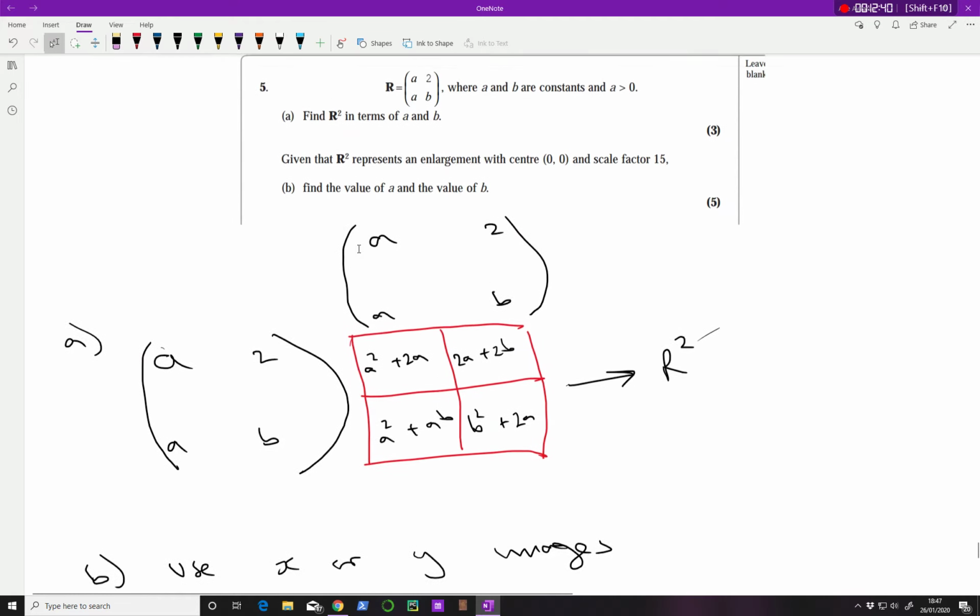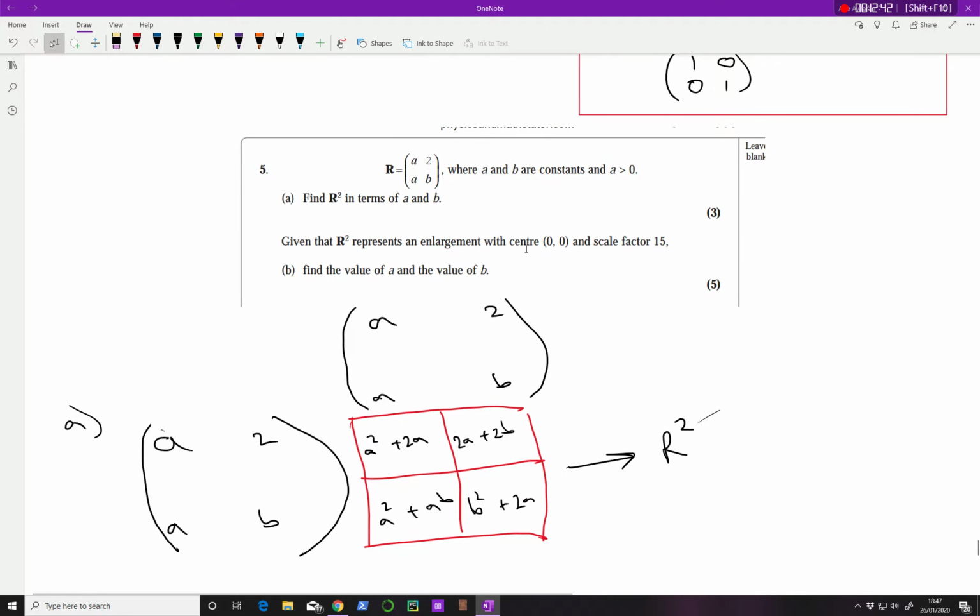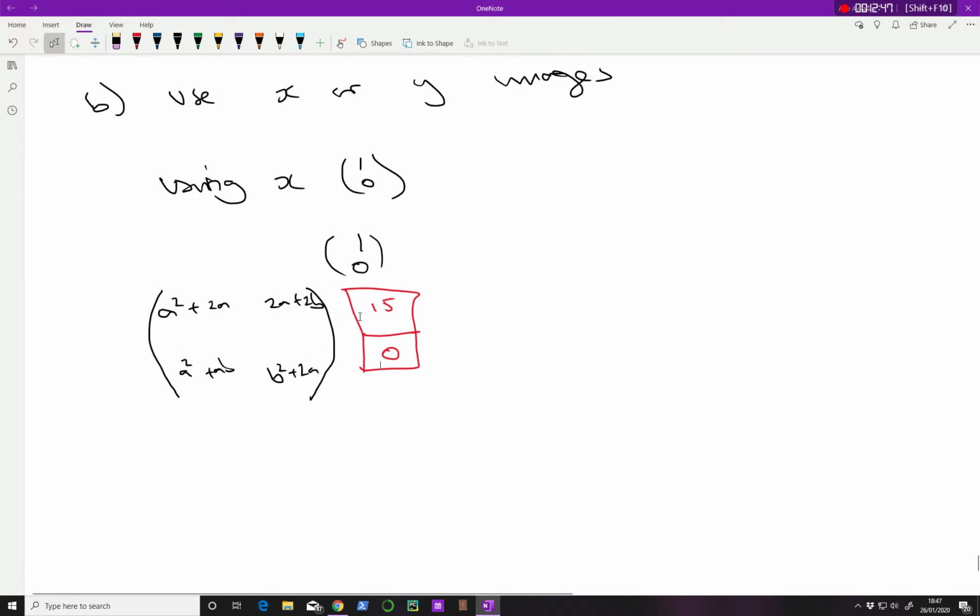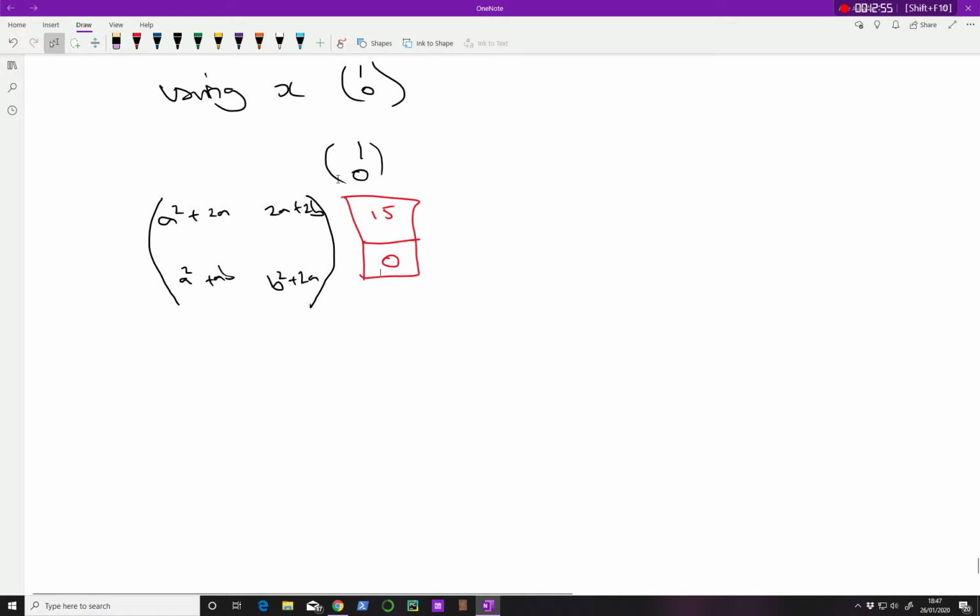Because going back to the question, it says that R squared represents an enlargement with center 0, 0 and scale factor 15. So I've stretched this by 15. I've simply multiplied it by 15. Now the matrix algebra to get 15 and 0 is going to be like so. Again, we move out by multiplying. So it's going to be 2a plus 2b multiplied by 0, which equals 0, plus a squared plus 2a times 1 equals 15.